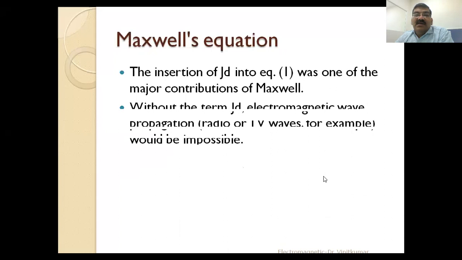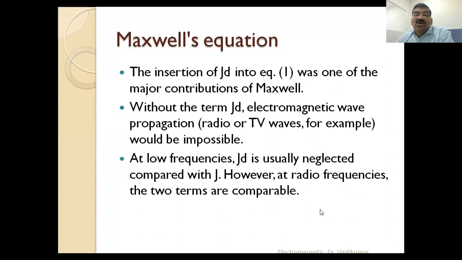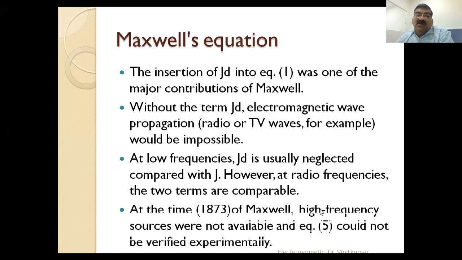All the applications you have between two antennas, that is your TV, radio, mobile phone, anything which has a transmitting and receiving antenna, are all due to Maxwell. Maxwell did not have a high frequency source in 1873.